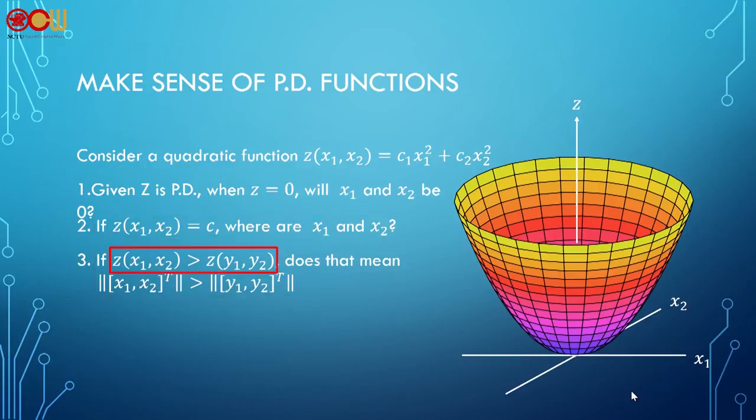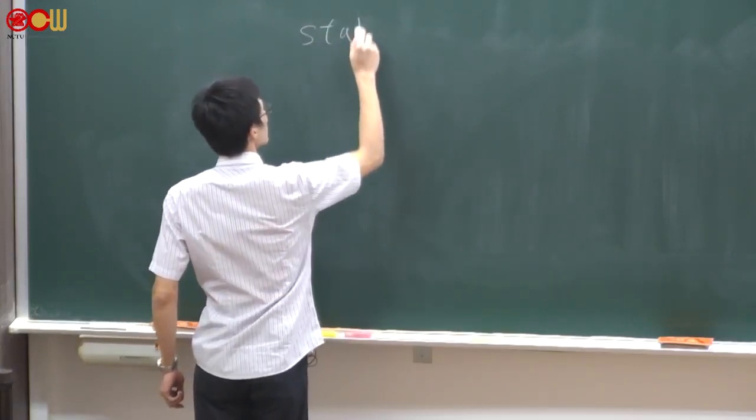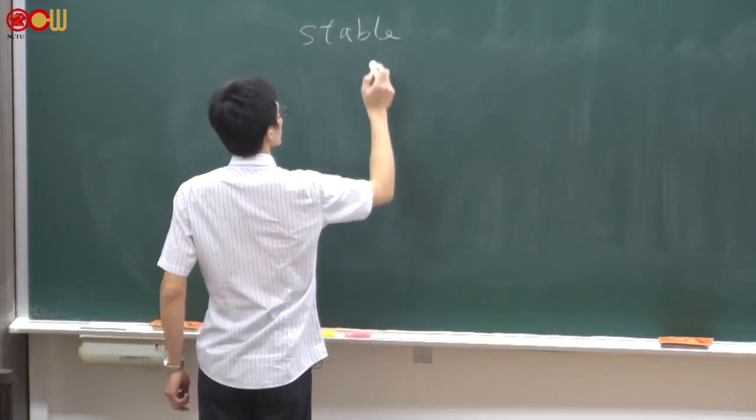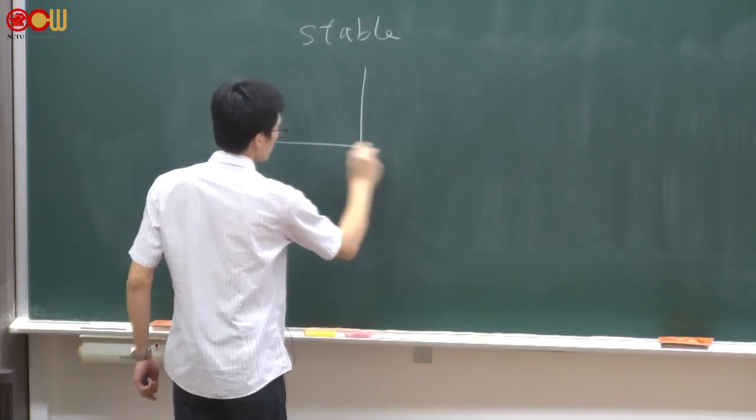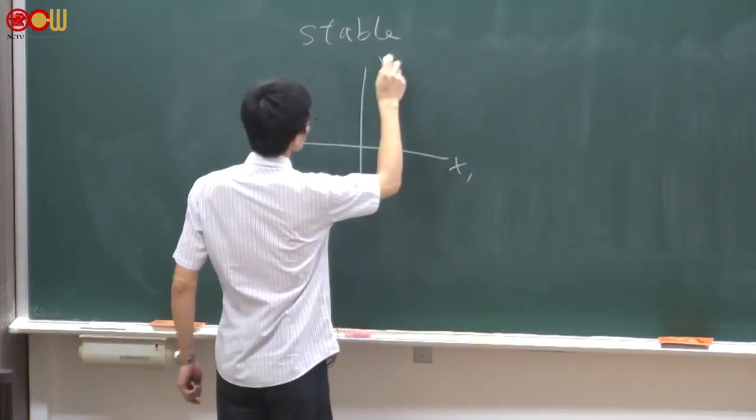This is in the Z direction. This is in the horizontal, or you can consider it the Euclidean distance of the state to the origin. Usually, we only care about these terms. When we discuss stability, whether stable, unstable, or asymptotically stable, the definition is all about the norm of x. What's the definition of stable?